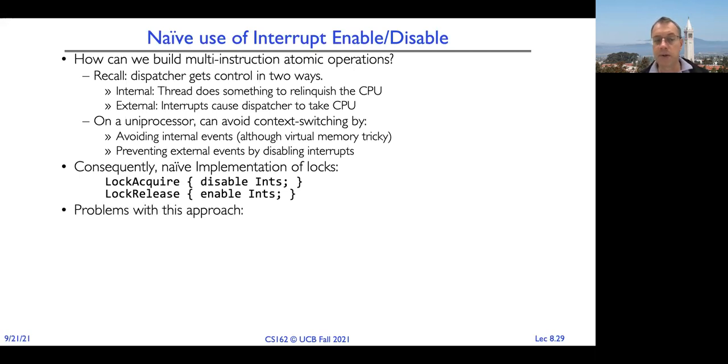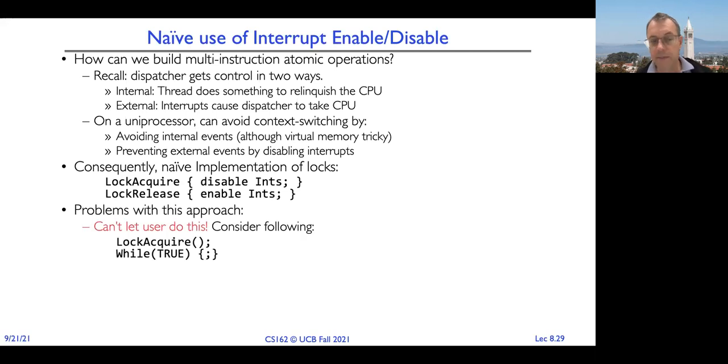So what is the problem with this approach? It's not going to work, right? If you acquire a lock and you disable all the interrupts, and then you do something like a while true, the computer hangs. It cannot be interrupted, right?